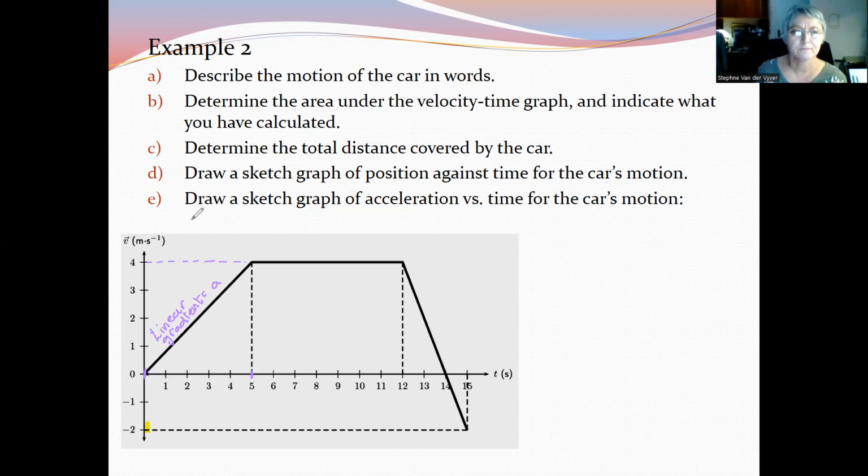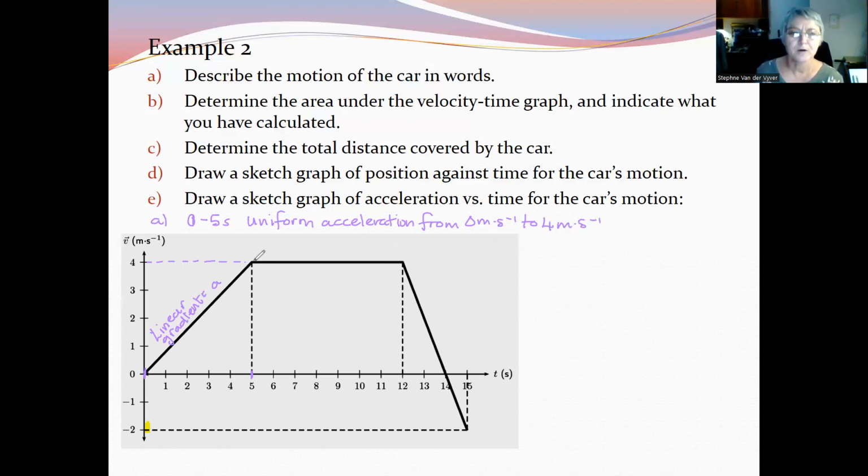So to answer question A, from 0 to 5 seconds, the car experienced uniform acceleration from 0 meters per second to 4 meters per second.